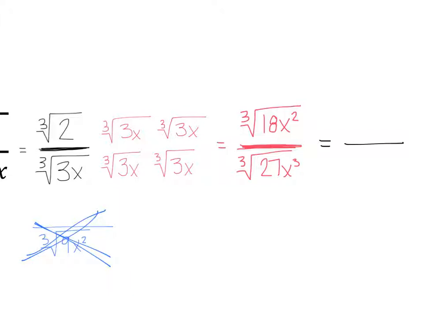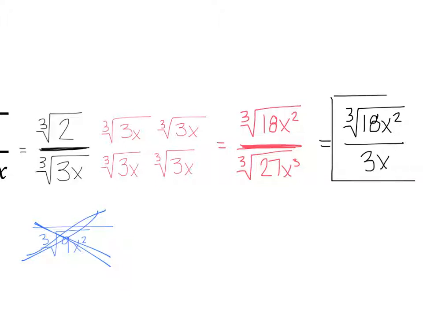What do you get? 3x, and then we can't do anything with the top, can we? No, because you see what it would break down into, a 2, a 3, and a 3. There's no sets of 3 there. So top is just cubed root of 18x squared. That's your answer.